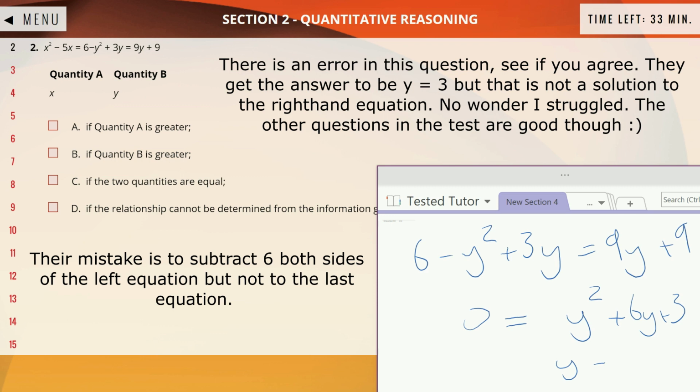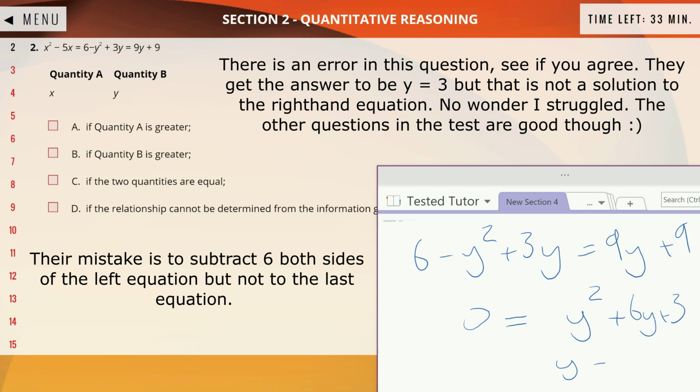plus... Does that factorize? That doesn't actually factorize, does it? Did I do that right? Take away 3y. Yeah, it doesn't factorize. Two numbers that multiply to get 3 and add to get 6. Okay, so that's not what they're asking for.